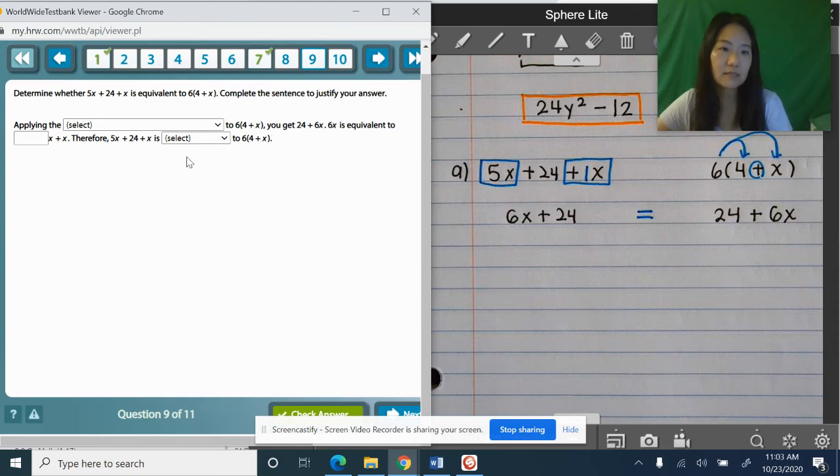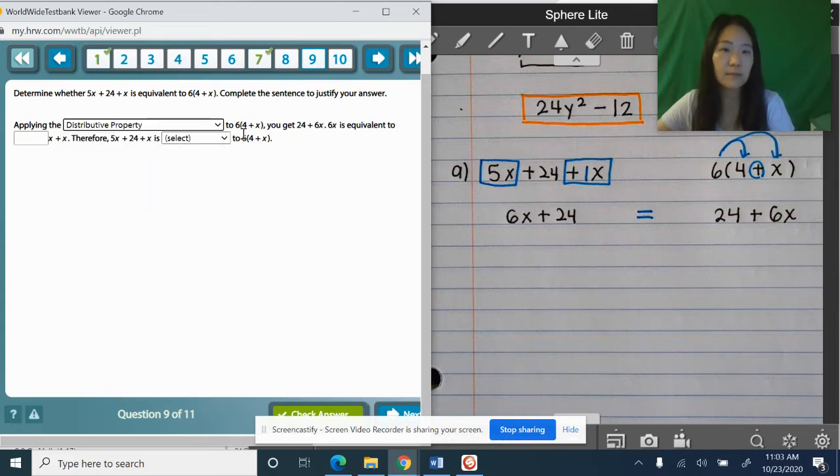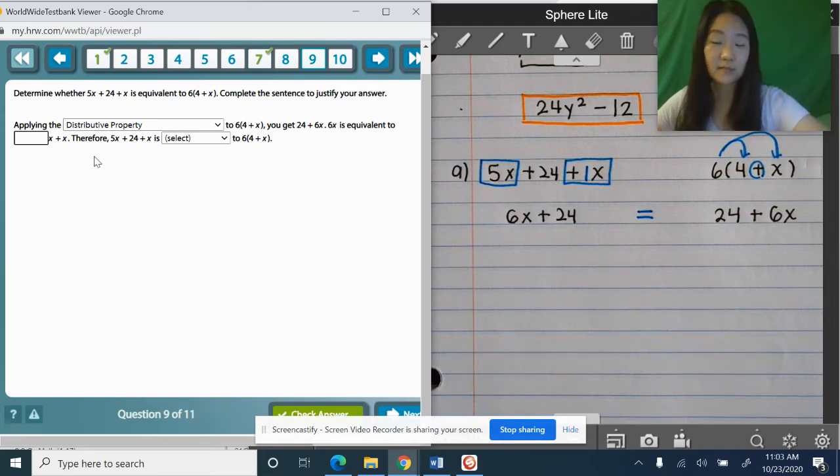Okay, so applying the distributive property to 6 times 4 plus x, you get 24 plus 6x. That's what we got. Now, 6x is equivalent to, okay, this one's a little confusing. What they're talking about is right here.